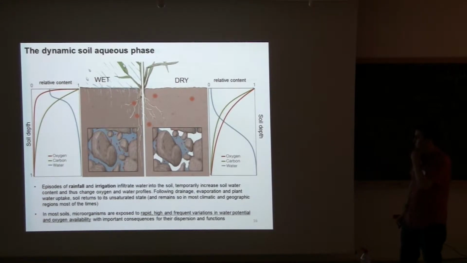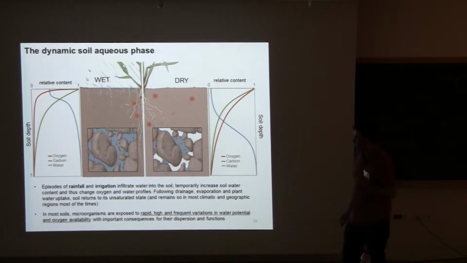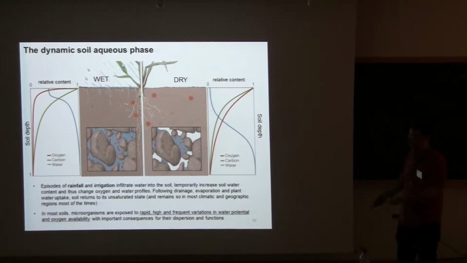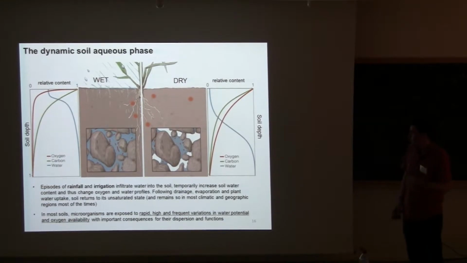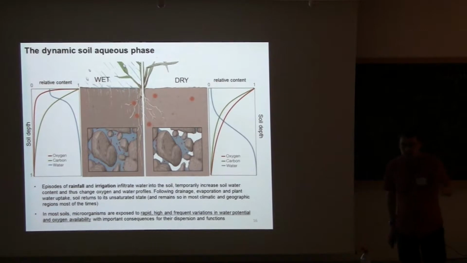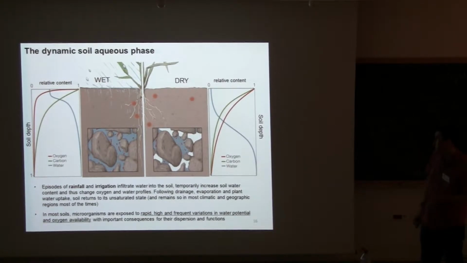Then temporarily the water content will increase drastically in soil, and maybe we'll find even saturated conditions for the microorganisms. As the soil dries, as the water evaporates or is taken up by the plant roots, over a couple of days we'll go back to unsaturated conditions, and bacteria will now be exposed to a two-phase environment with liquid and also air.